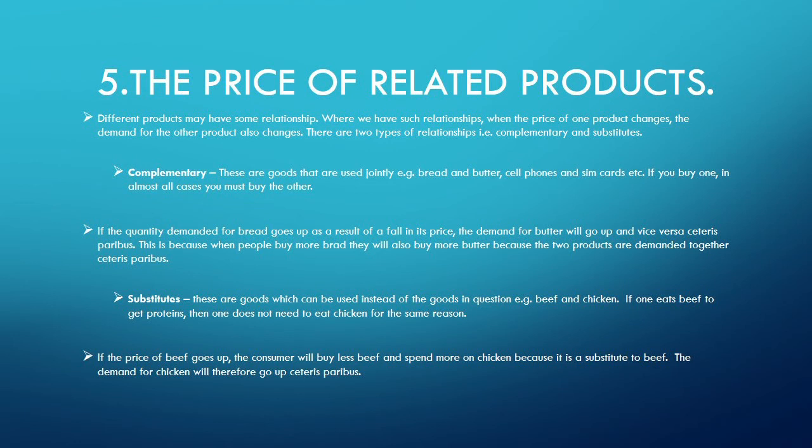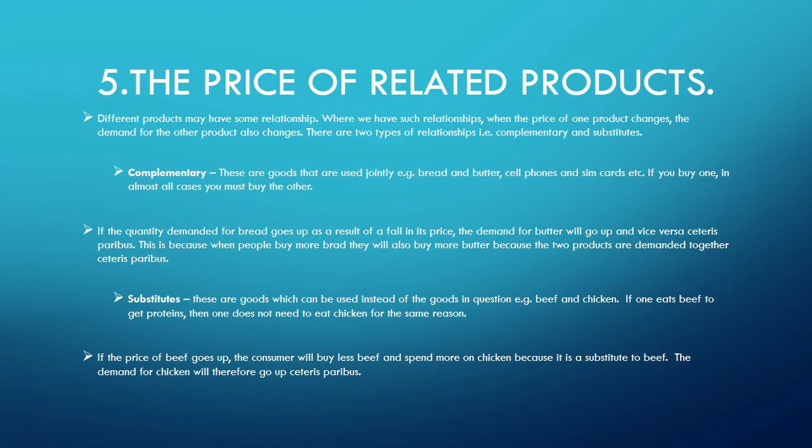And where we have substitutes relationship, it is important to note that if the price goes in a certain direction, let's say the price of Coke goes up, the demand for Pepsi goes up. That means both are going up. The price of Pepsi going up causes the demand for Coke to go up, and vice versa, ceteris paribus.